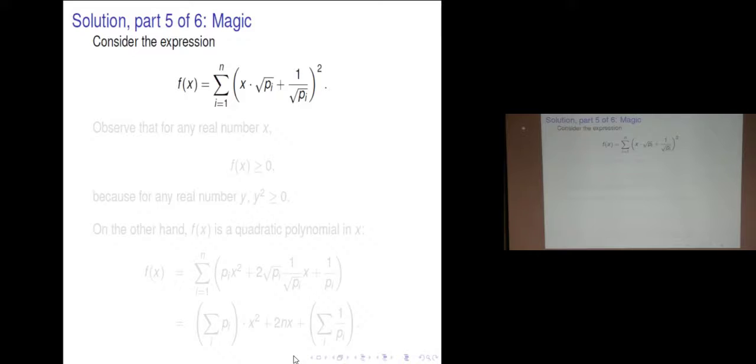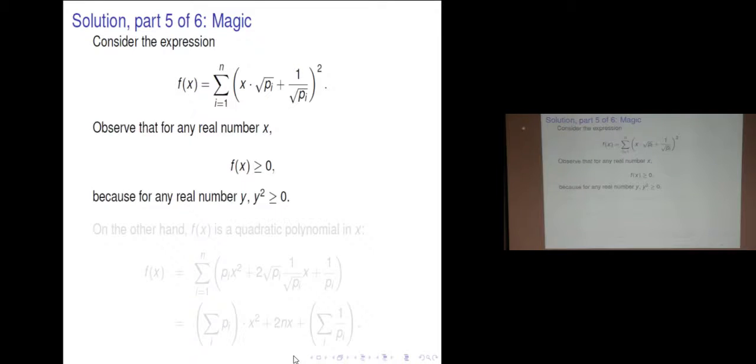Okay, so the term is x times square root of pi plus 1 over square root pi, and the whole thing squared. So it is a sum of some squares, right? So f of x is a sum of n terms, each term in the form of a perfect square.